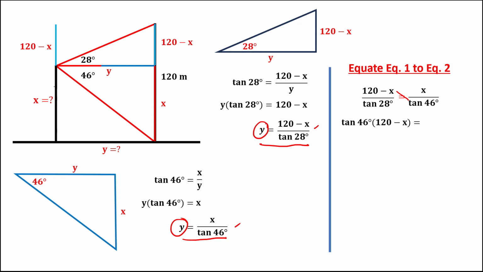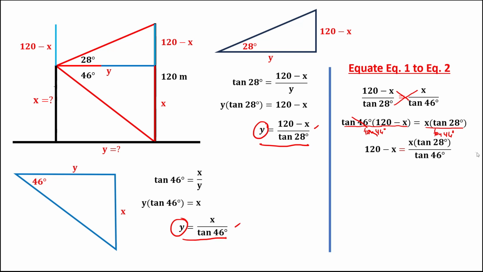So we have tangent 46 degrees times (120 minus x) equals x times tangent 28 degrees. Then divide both sides by tangent 46 degrees. So 120 minus x equals x times tangent 28 degrees over tangent 46 degrees.